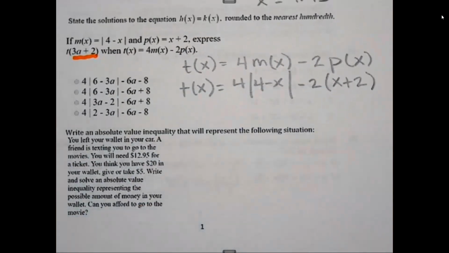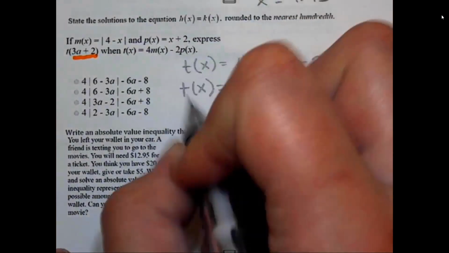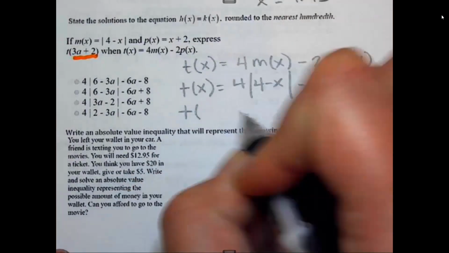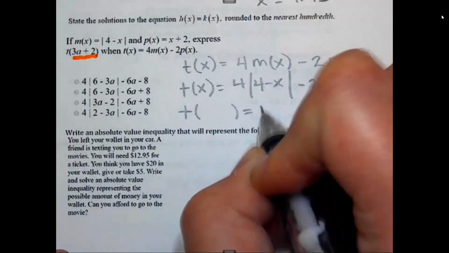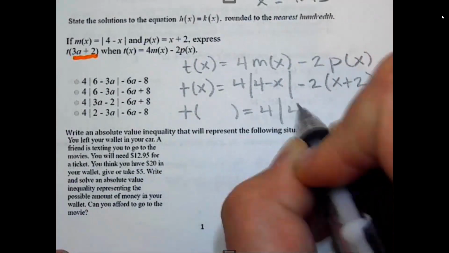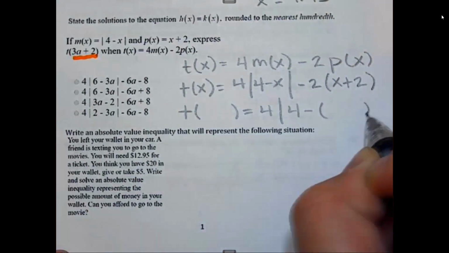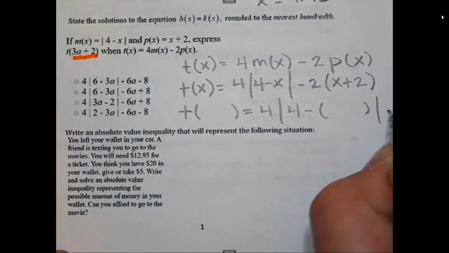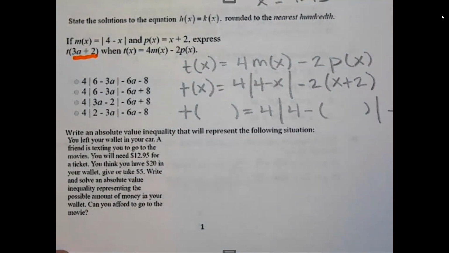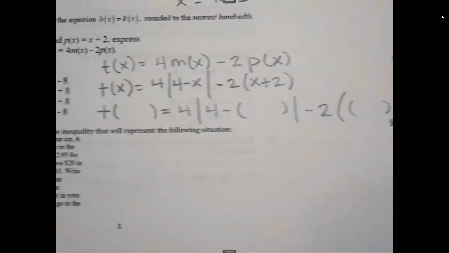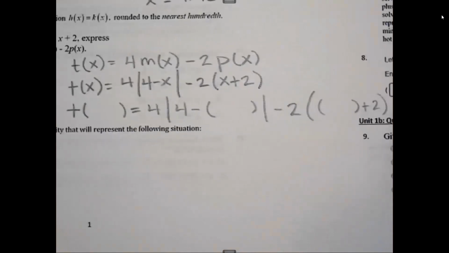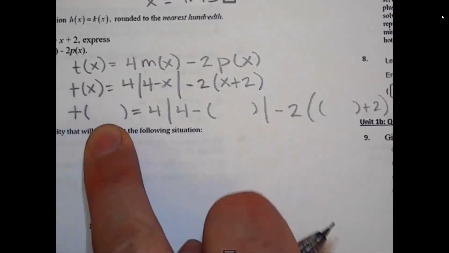So for starters, I'm just going to put parentheses where the x's are, and I'm just going to make them kind of big so the 3a plus 2 can fit. So 4 minus parentheses, I'm just going to make the parentheses big enough, minus 2 parentheses plus 2. Okay, you guys see what I did there? How I just gave myself parentheses that were big enough? So I had x in 3 different spots. I had t of x.